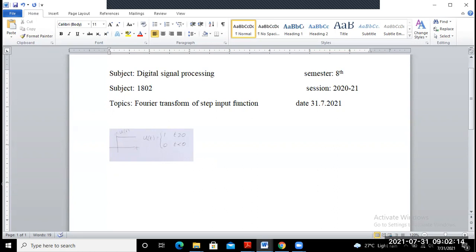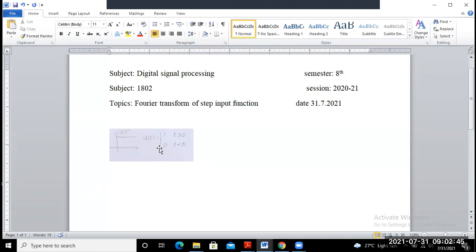So whenever the limit involved in the integration is infinity, we just check the condition required for the existence of the Fourier transform.